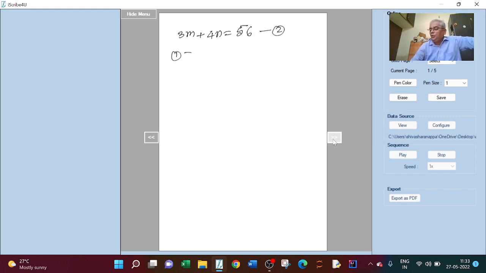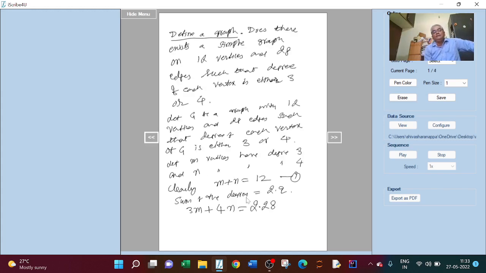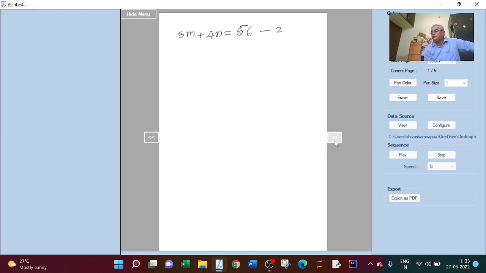Now 1 is M plus N equal to 12. Therefore N equal to 12 minus M. Using 1 in 2, 3M plus 4 into (12 minus M) is equal to 56.